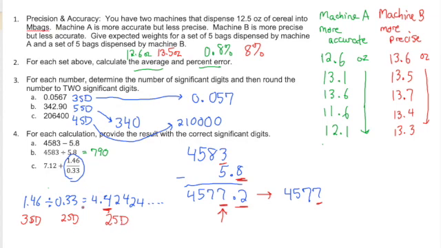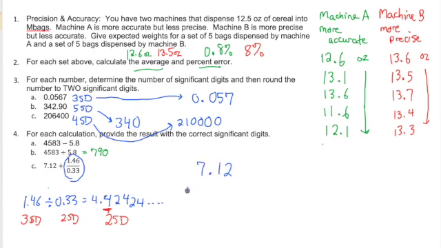So our next step is to take this answer and add it to 7.12. We have 7.12 plus the result of our last calculation, our division result. So if I kept all the numbers in my calculator, it would tell me this: 11.5442424, I think it keeps going.